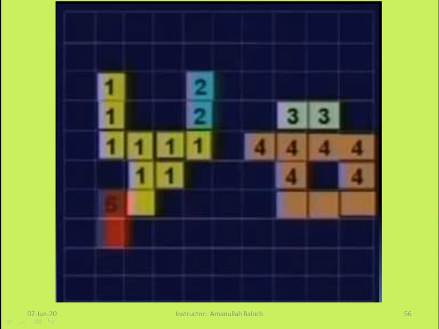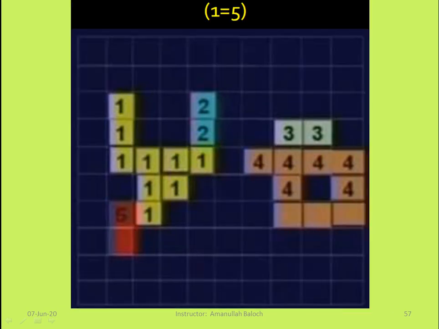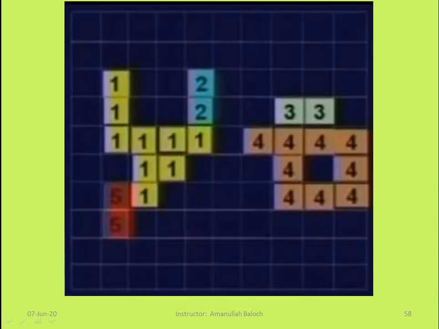This pixel is the adjacent of the already found pixel, this one, and will gain value 1. There is a gap. This pixel will gain value 4, 4, and then 4. In this row, this pixel will gain value 5 because it is adjacent to this red pixel. Onward, there is no pixel with value 1, so we will not consider adjacency and connectivity.